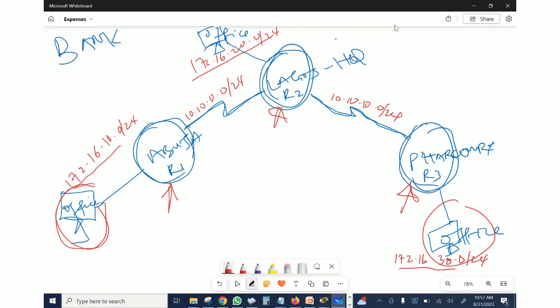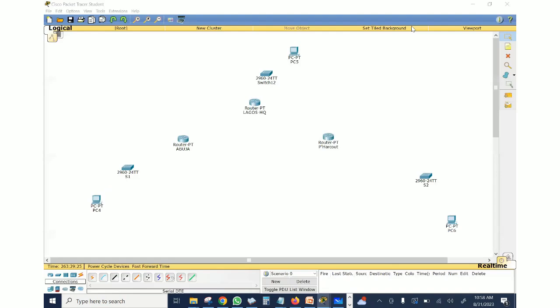So let's go to our Packet Tracer. Let the work begin. We have a router representing each of the branches. Lagos is the headquarters.